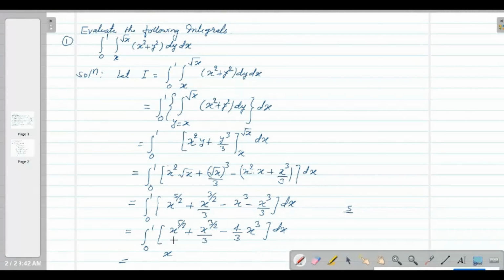हाँ, फिर इसको जरा इंटीग्रेट करो. सो इंटीग्रेट करेंगे तो आपको क्या मिलेगा? x raised to n plus 1 divided by n plus 1. ये सभी x raised to n है, ठीक है.